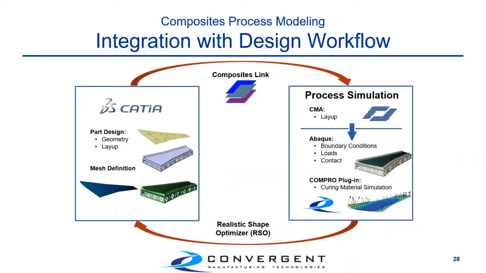Now, if you want to bring it back into CATIA environment and compensate the tool, there is the Realistic Shape Optimizer or RSO plugin for CATIA that can be used to bring in the deformation vectors from ABAQUS and morph the surface of the tool to the negative of that deformation to get a compensated tool surface. So very well integrated within the Dassault Systèmes offering in terms of the software.